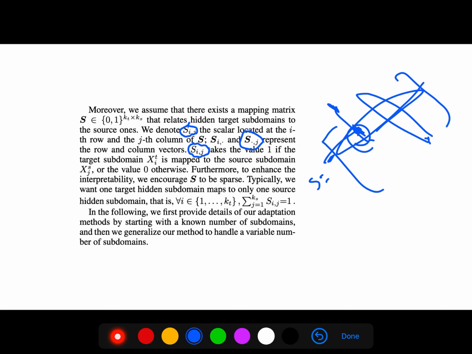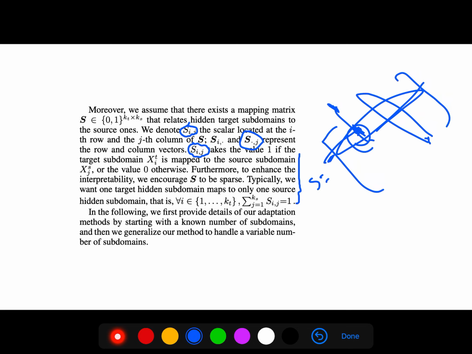To enhance the interpretability, we encourage S to be sparse. Typically, we want one target hidden subdomain to map to only one source hidden subdomain. Well, that is very, very idealistic, but they encourage us to be sparse.